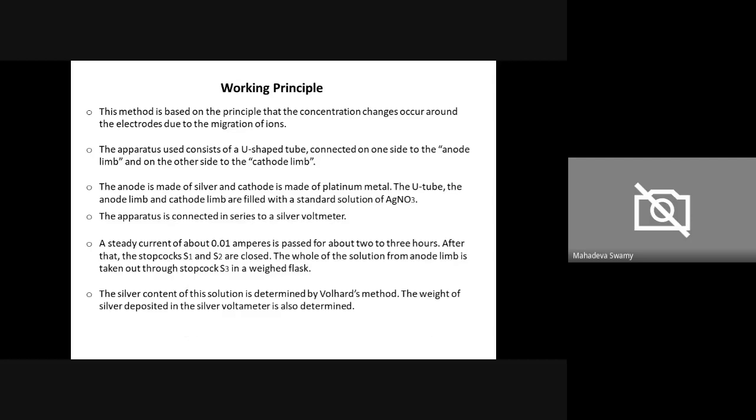Then you take out the AgNO3 solution present in the anode limb through S3. Next, you determine the AgNO3 content of the solution by Euler's method. Next, the weight of silver deposited in the silver voltmeter is determined.